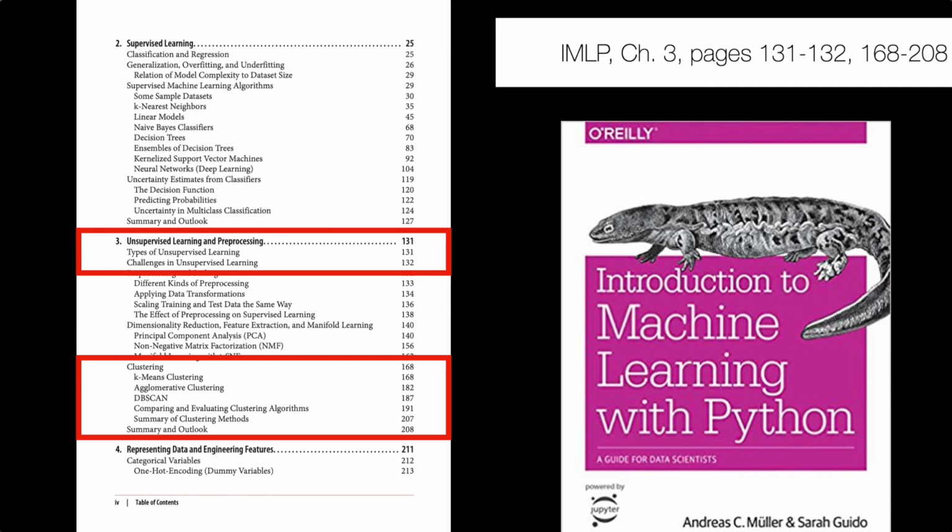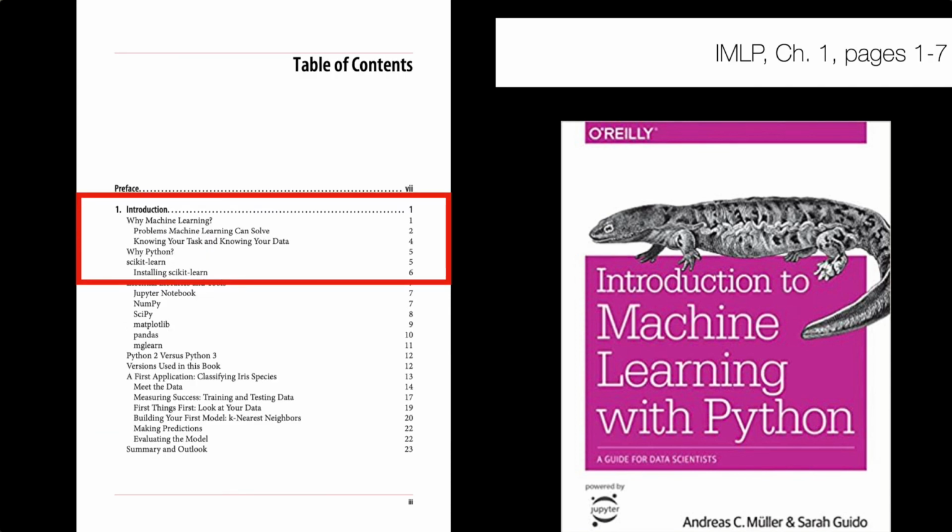IMLP is going to be a good resource that'll show you how some of this work is done, because it has examples or code blocks for each one of these pieces, so you can follow along with their code. Crucially, here in Chapter 1, one of the things that Mueller and Guido talk about is the importance of knowing your data and how your data is going to be used.